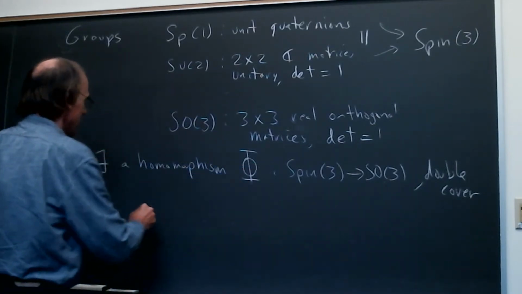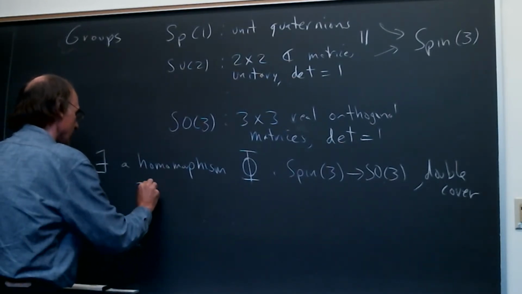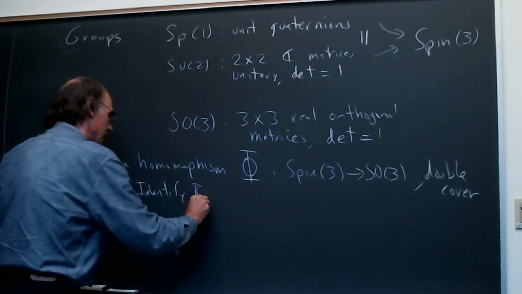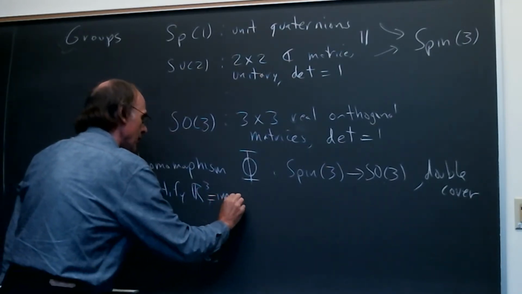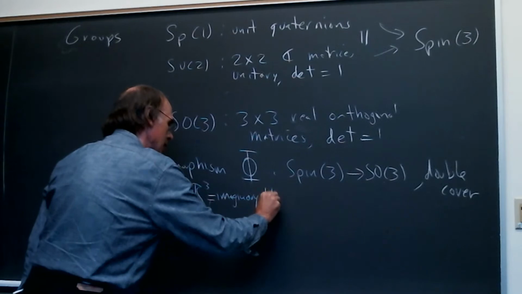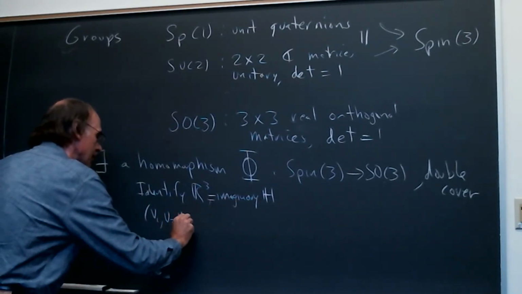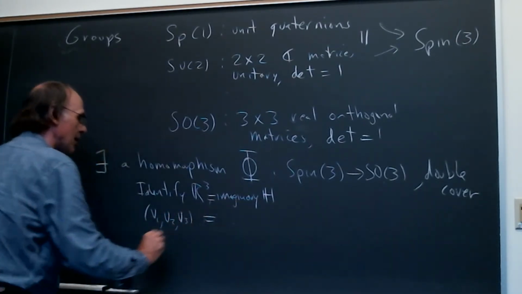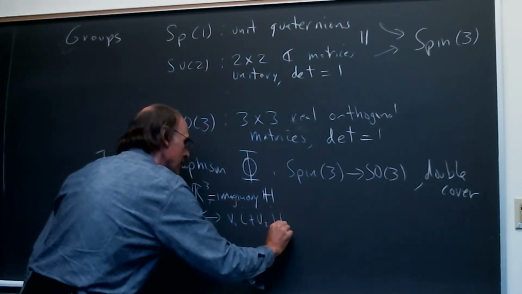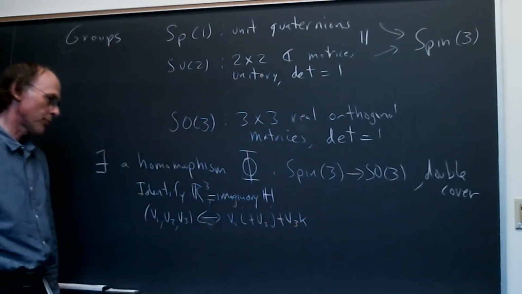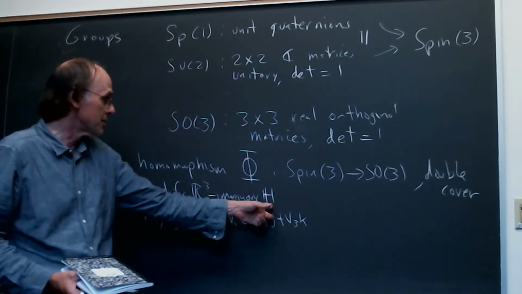The way you write this down is you identify R3 with the imaginary part of H, by taking something with components V1, V2, V3 and identifying it with V1 i plus V2 j plus V3 k. So you think of R3 as being the quaternion set whose real part is 0.